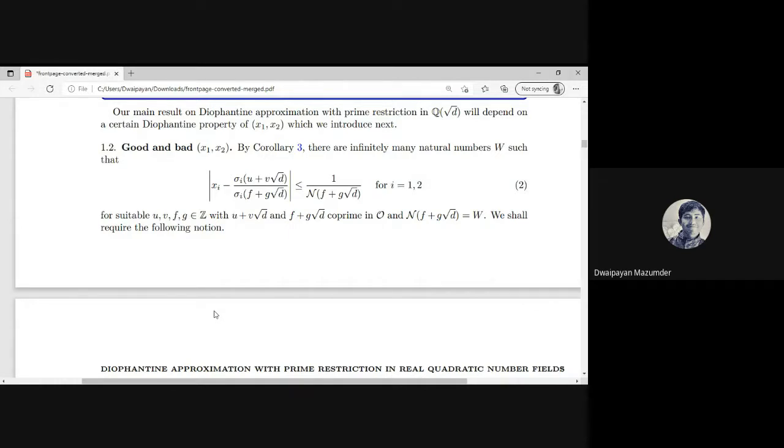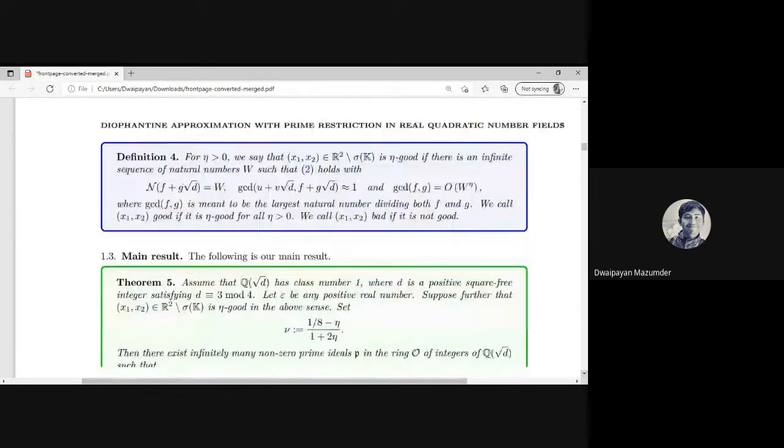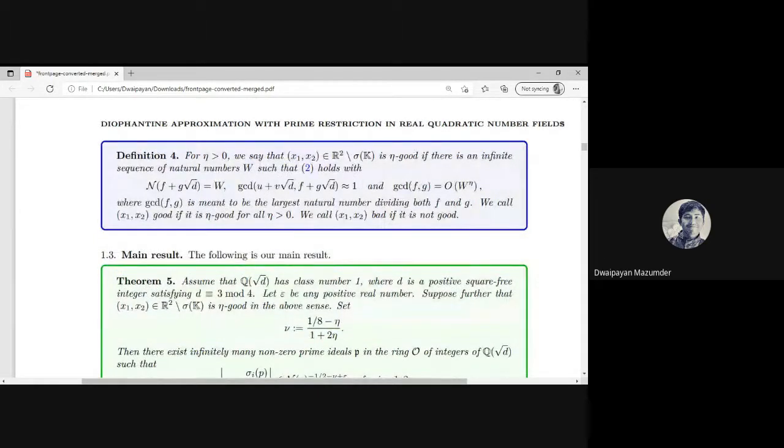Number two inequality is holding, but then your u plus v square root of d and f plus g square root of d are coprime in O, and you suppose the norm of this particular f plus g square root of d is called w. Then we need this notion that we call the pair η-good if the GCD of f and g is bounded by w to the power η, big O of w to the power η, where η is the chosen number.